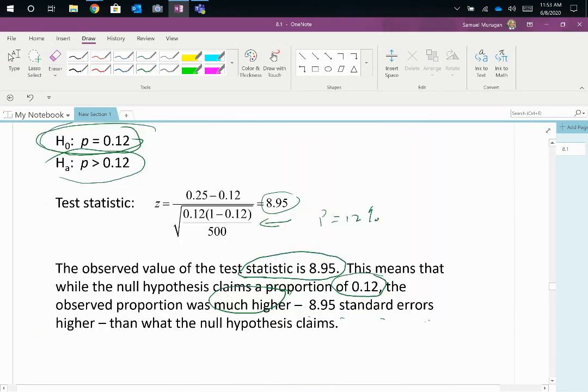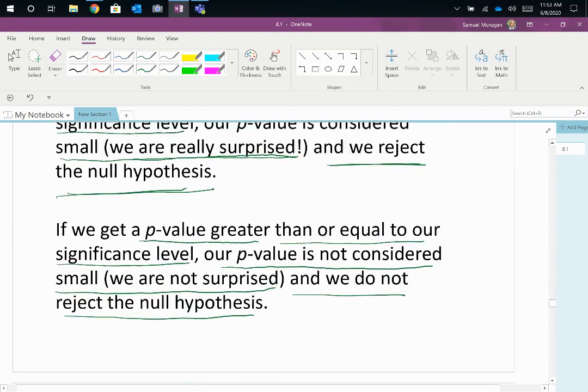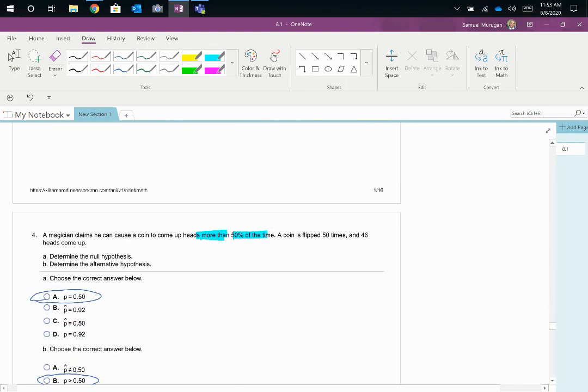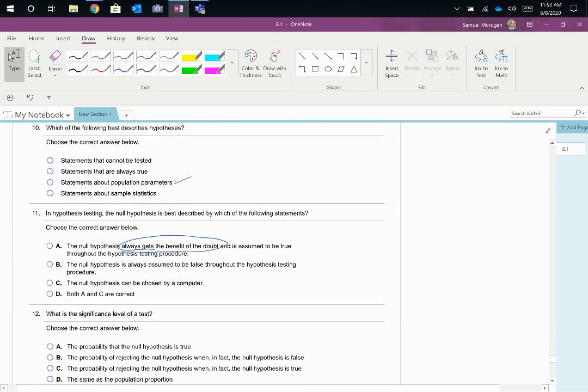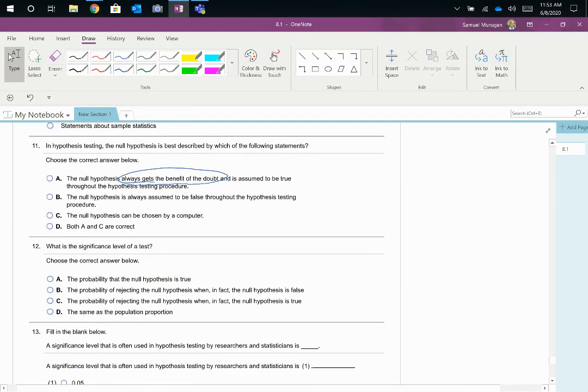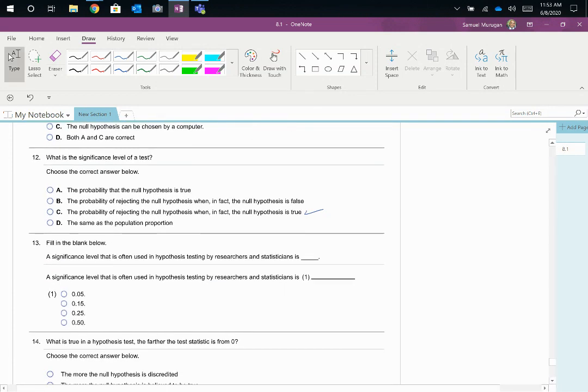So going back to our choice of answers here for this question, okay, question 12, the probability of rejecting the null hypothesis when in fact the null hypothesis is true.